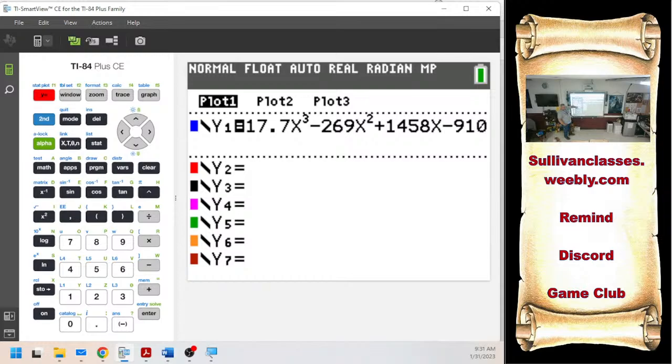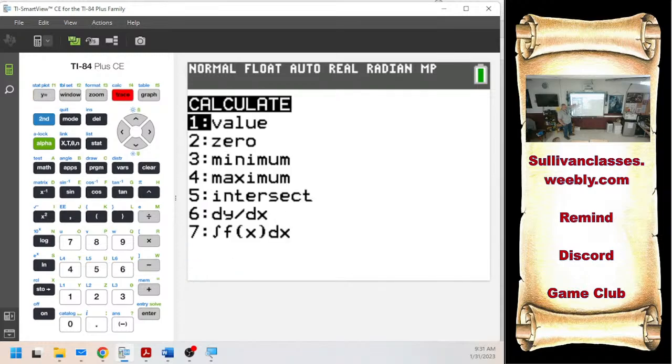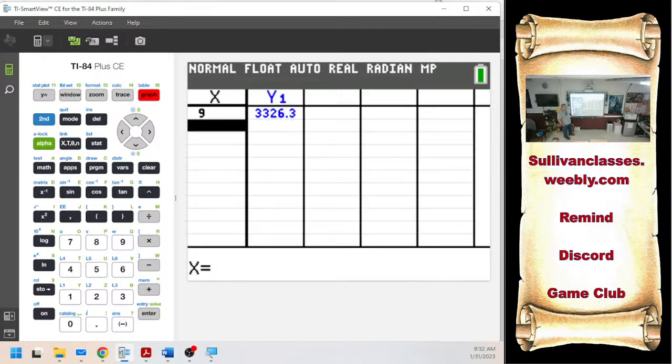I don't need to calculate anything. Well, yeah, second, calculate, go find the value of. The reason I like that table is because it allows you to rapid-fire answer multiple questions.